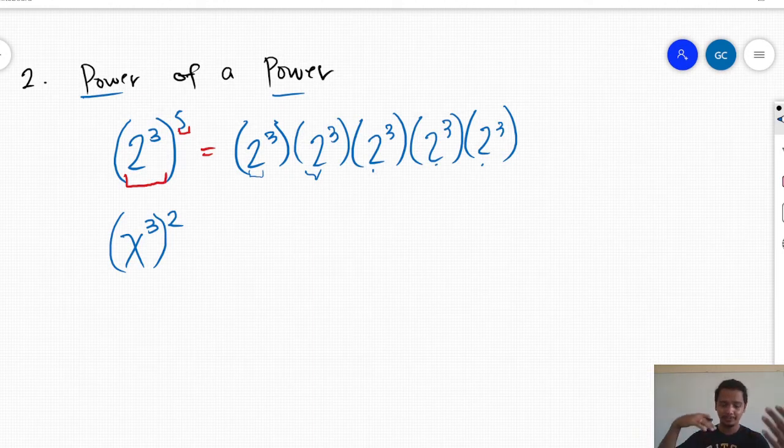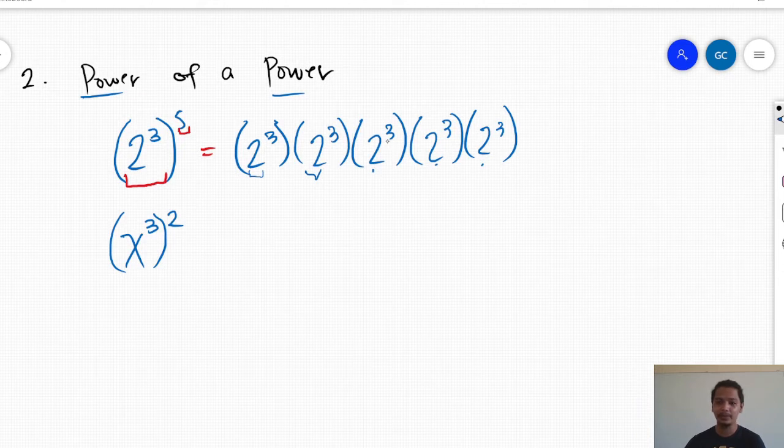At base roon sa laws of exponent na ginamit natin kanina, kapag nag-multiply tayo ng powers na parehas sila ng base, we just need to add. So, we just need to add yung 3 at saka yung 3 na to. So, magkakaroon tayo ng 6. Tama ba? We have there 2 raised to 6. Again, parehas sila ng base, so i-add mo lang ulit tong 3.